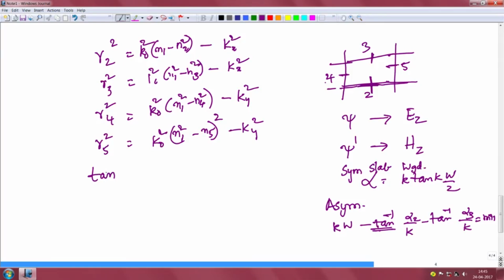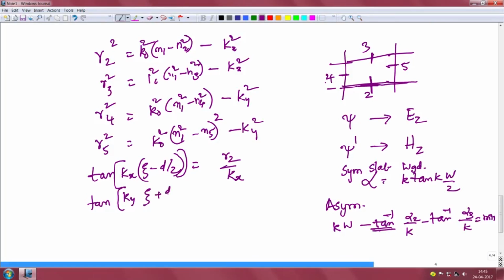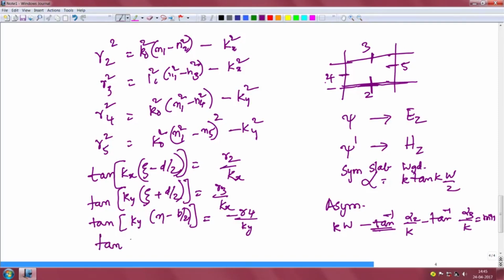I am using only a scalar approximation. Tan of kx into xi minus d by 2 is related to gamma 2 by kx, and tan of kx into xi plus d by 2 is gamma 3 by kx, and tan of ky into eta minus b by 2 is minus gamma 4 by ky, and tan of ky into eta plus b by 2 equals gamma 5 by ky.